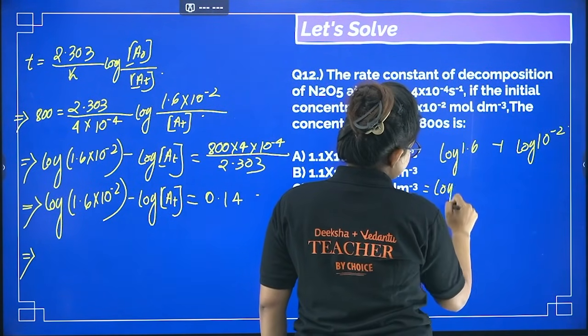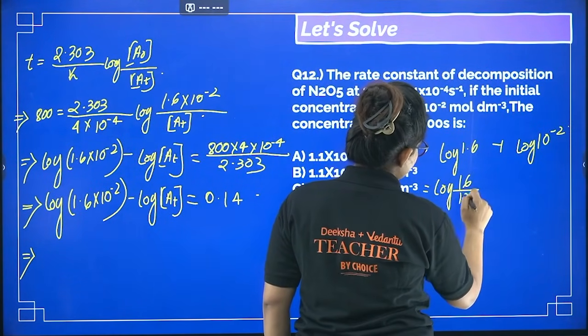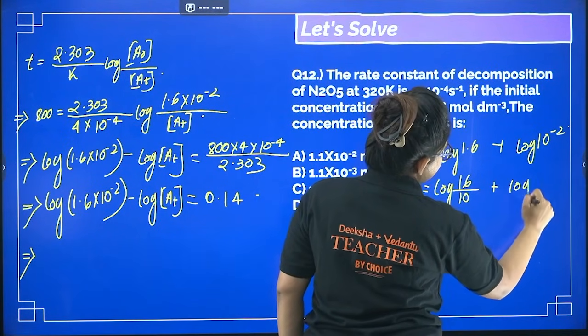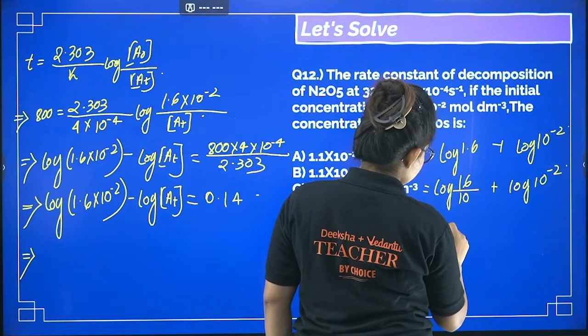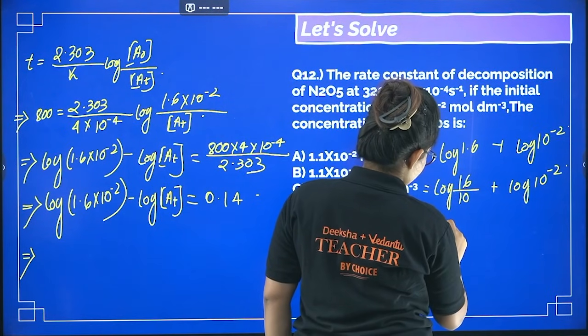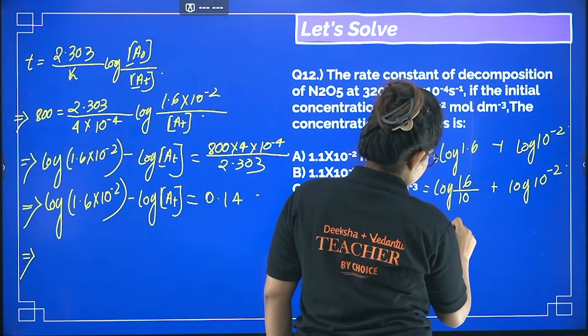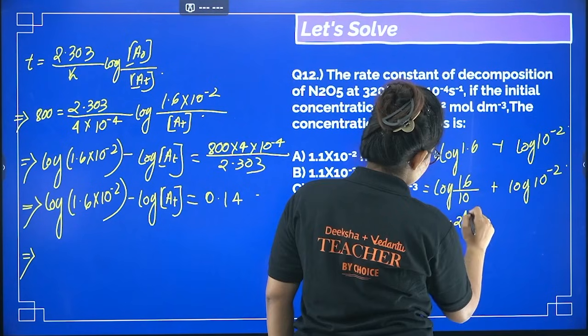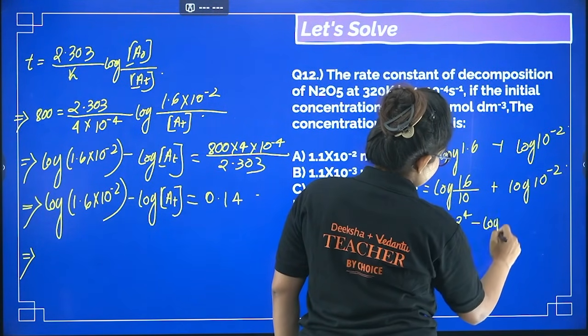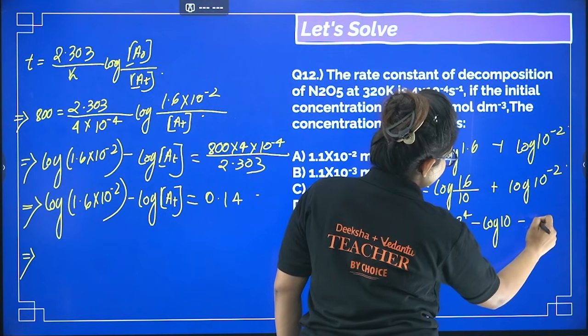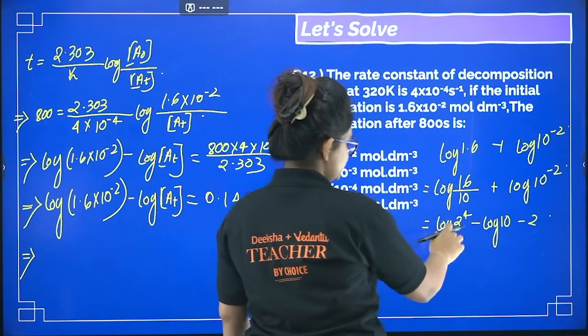Log 1.6 you can do as 16 by 10, plus log 10 power minus 2. So log 16 you can write as log 2 power 4, minus log 10, and here it will come to minus 2. So this is our log 2 value.